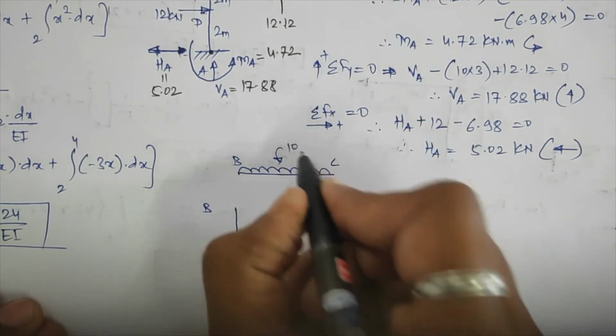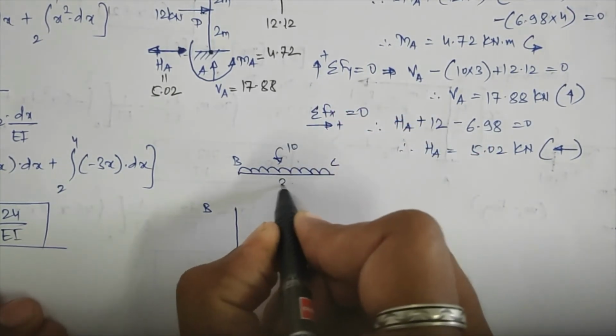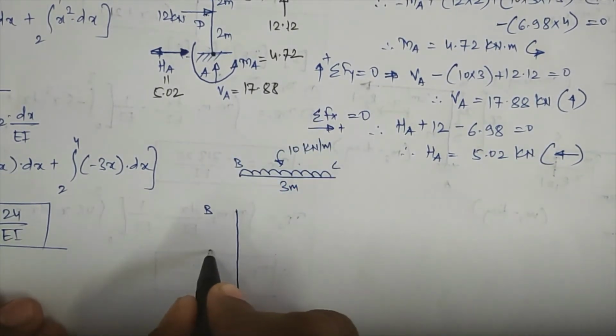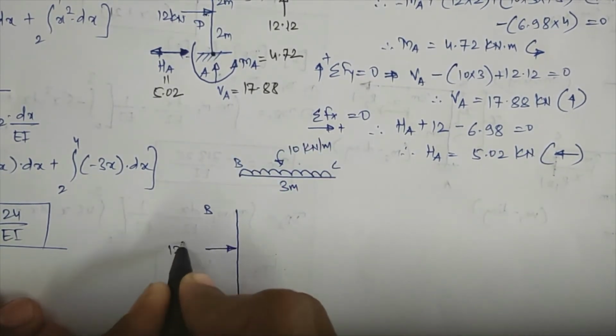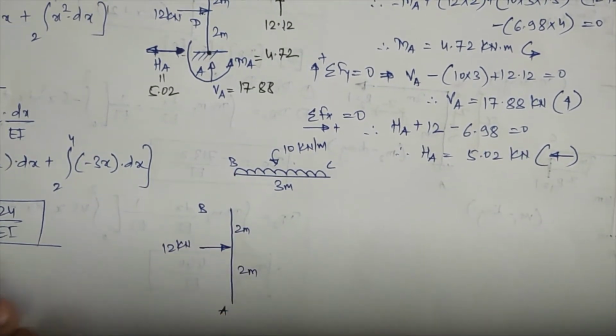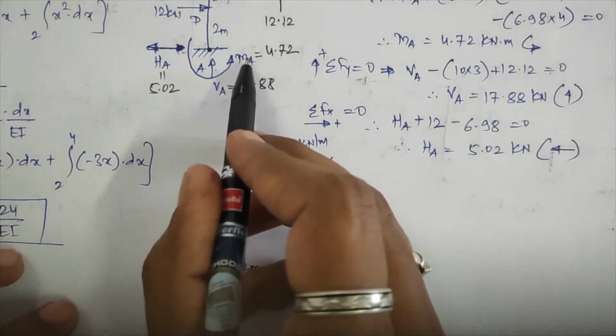So this is my 10, I'll not show the units. Okay, I'll show. Then here you are having a load of 12 kilonewton, 2 meter and 2 meter apart. Okay, so these are my loadings provided. Along with that I'll mark my obtained reactions over there. So obtained reactions at point A, those are these three.